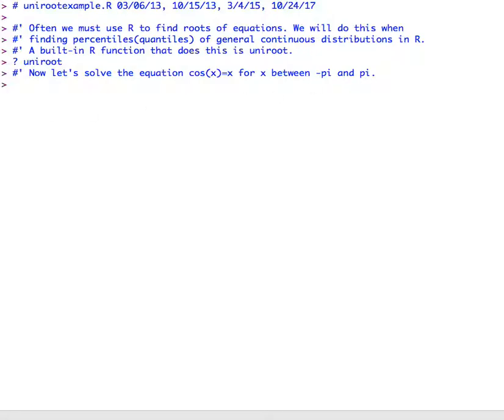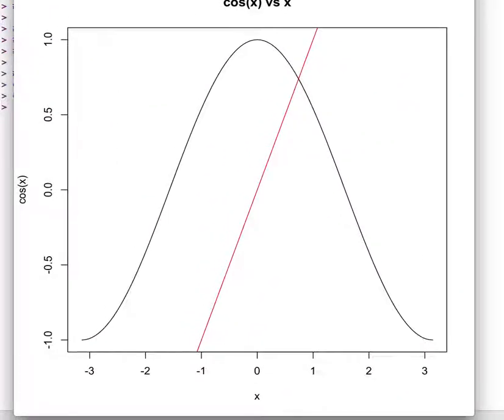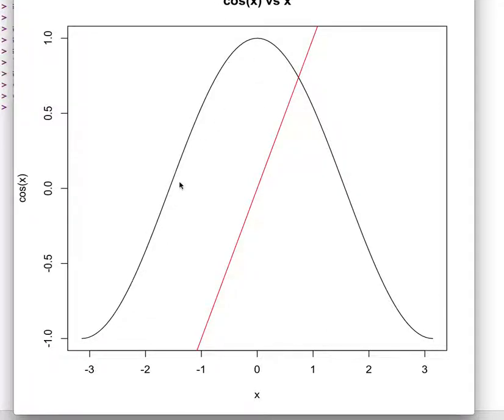If we just draw a graph of this, we get the following. Notice here's cosine of x, here's x. It looks like we have a root of the equation somewhere around 1.